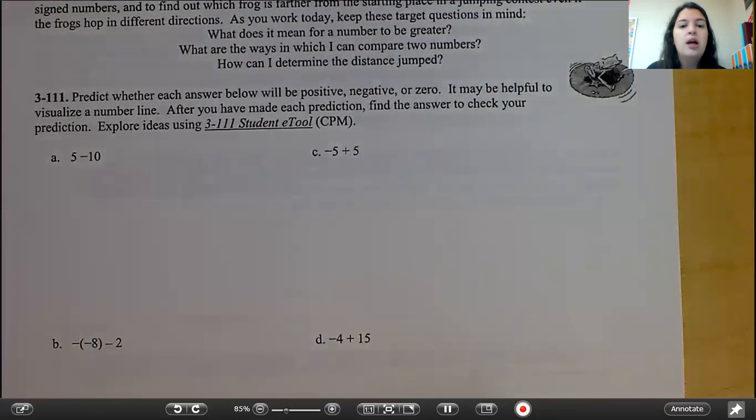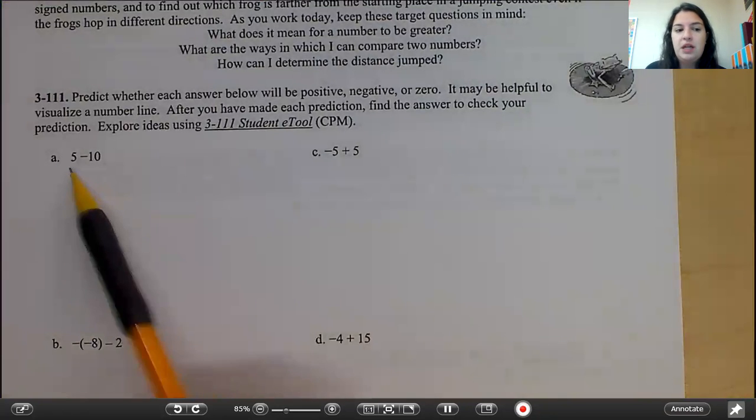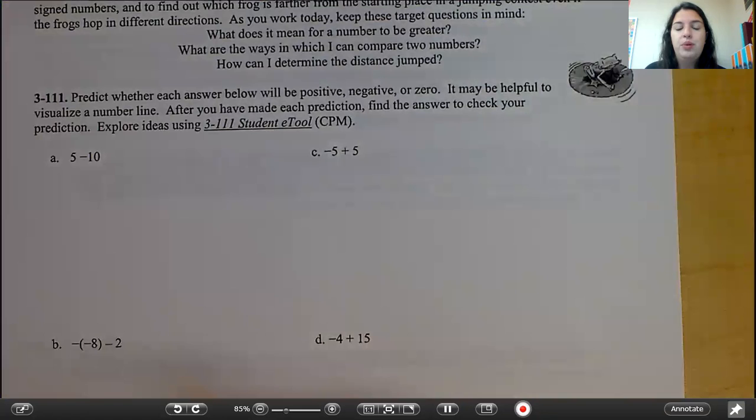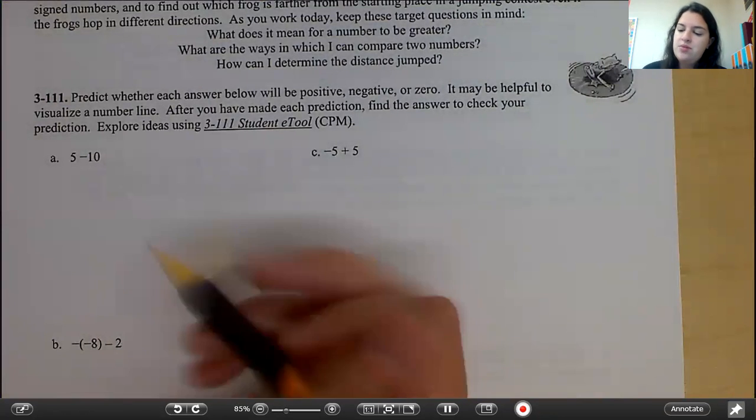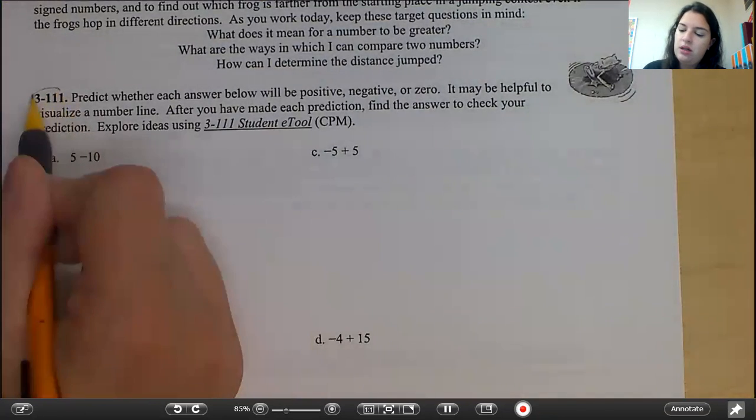If you're drawing a number line, you could do that. If you could just simplify the expression 5 minus 10 in your head, you can do it that way too. But if you're not comfortable with it, you need to be drawing a number line. Go ahead and pause the video right now and answer problem 3-11. If you're back with me, that means you have answered problem 3-11. We're going to save that and talk about it in class.